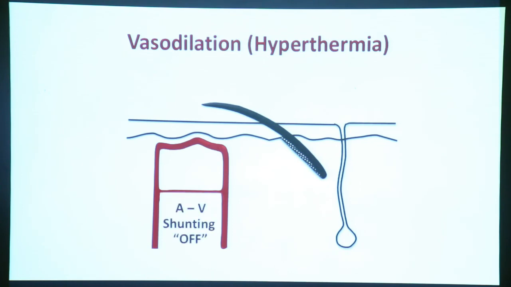So the AV shunting will be off, and a lot of blood will flow through the nutritional capillaries. That's why the hands will be red. They'll be flared up because the body is trying to lose heat, and that is how the heat loss is governed through the skin by this kind of autoregulatory AV shunting on and AV shunting off.